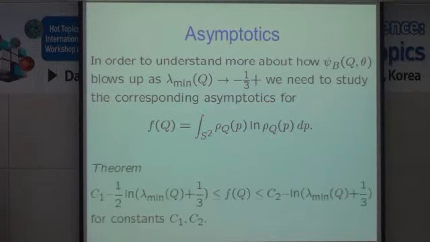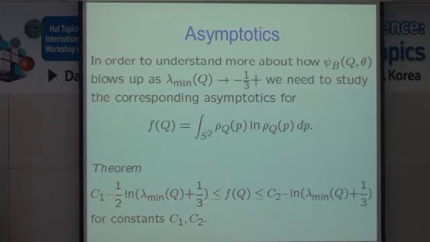You see it blows up logarithmically. So f is sandwiched between two linear functions of constants on either side, and then you've got the logarithm of the minimum eigenvalue plus a third with a coefficient minus a half here and a coefficient minus 1 here. And these, I think, are optimal constants.